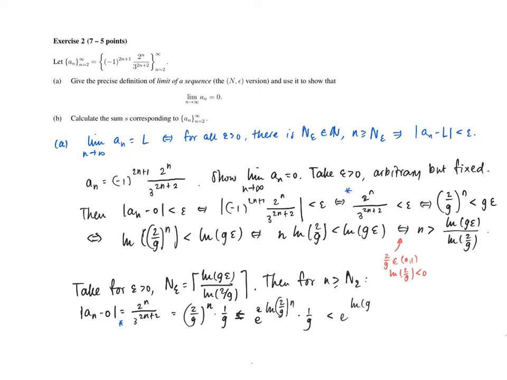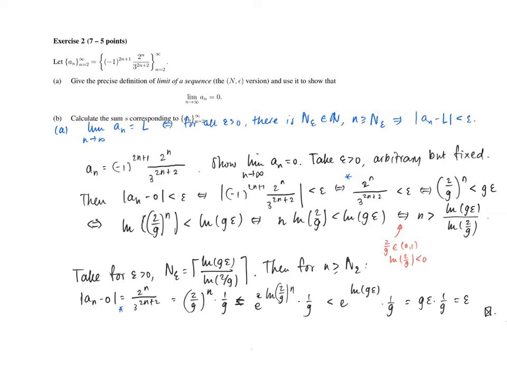But then, of course, 2 over 9 to the power n was smaller than 9 epsilon. So we get that e to the power log 2 over 9 to the power n is smaller than e to the power ln 9 epsilon times 1/9.